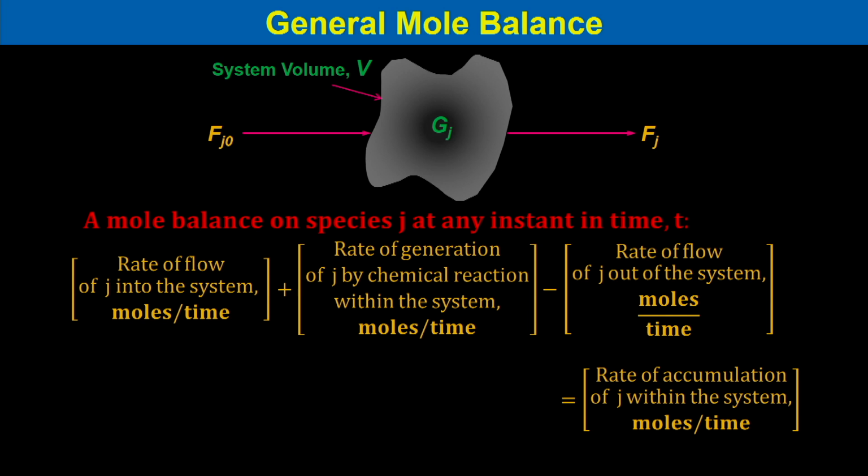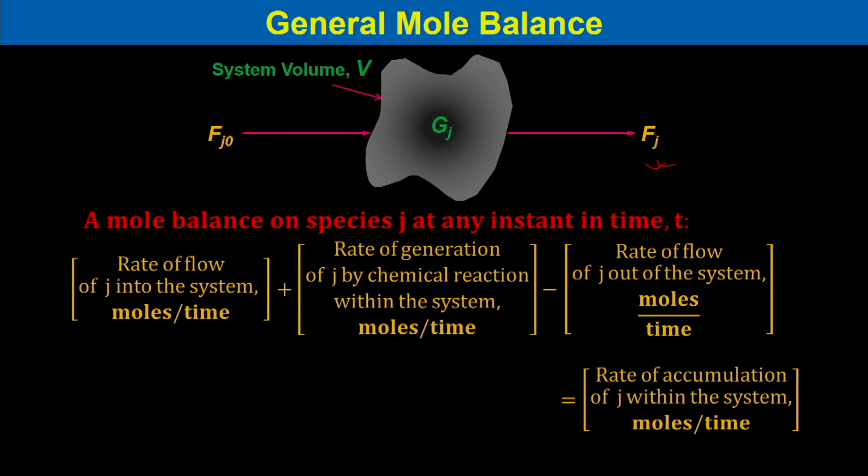The rate of flow of J into the system is in moles per time, the generation Gj is also in moles per time, the flow coming out of the reactor is also moles per time, and the accumulation within the system is moles per time as well. So, the units should be the same.